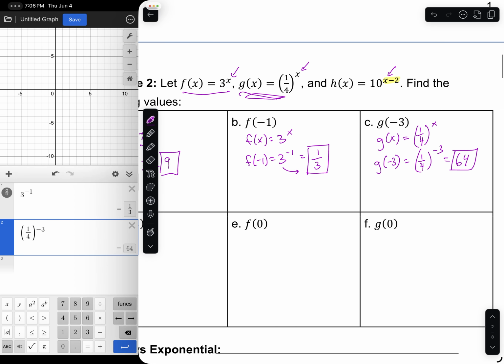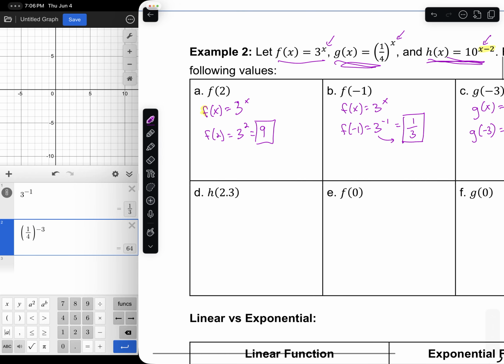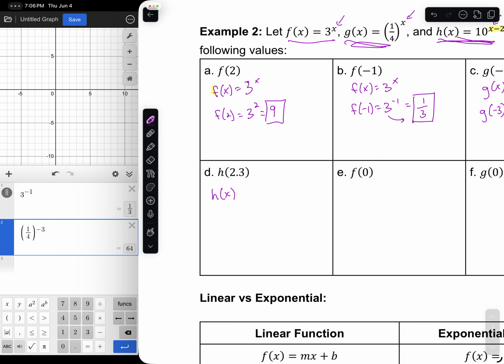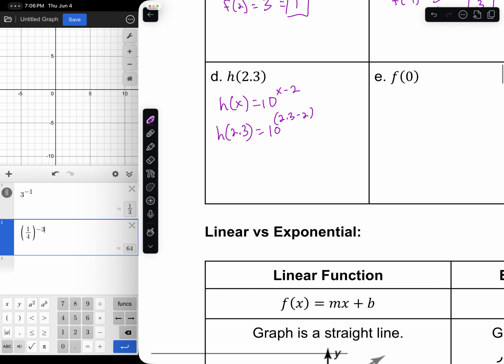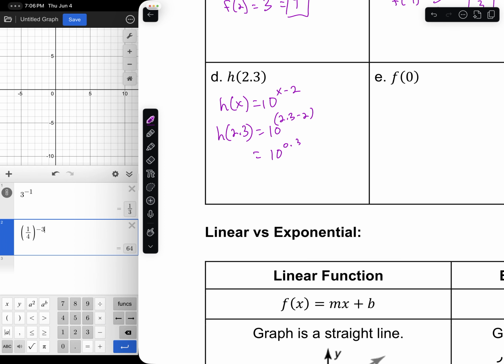h of 2.3. So now we're on to the function h. h of x equals 10 to the exponent x minus 2. So then h of 2.3 equals 10 to the 2.3 minus 2. I know that simplifies to 10 to the 0.3 because 2.3 minus 2 is just 0.3.